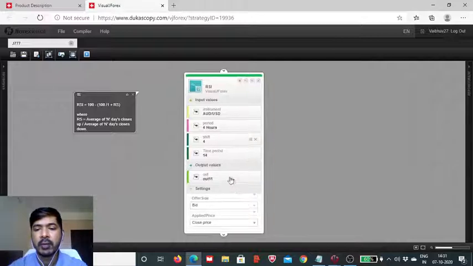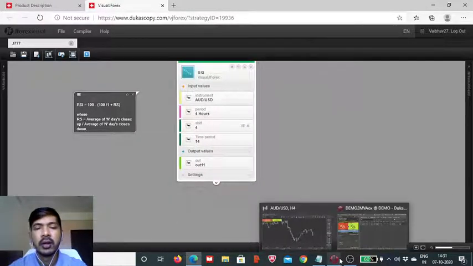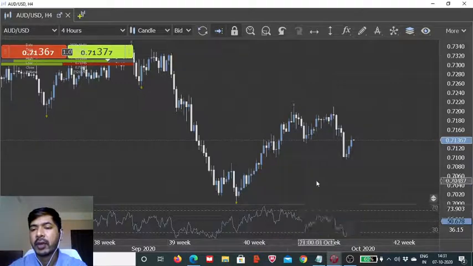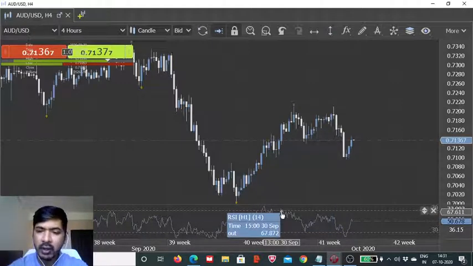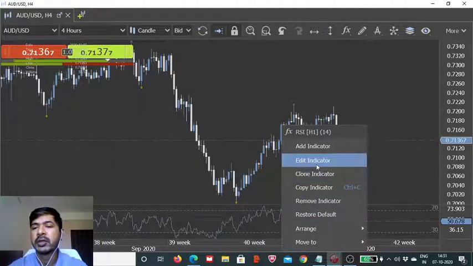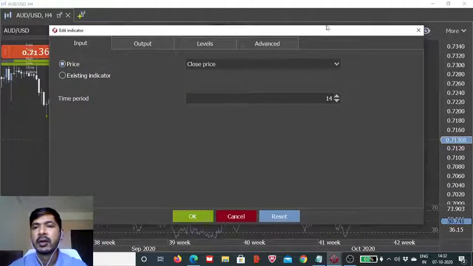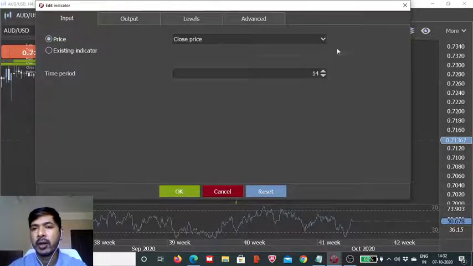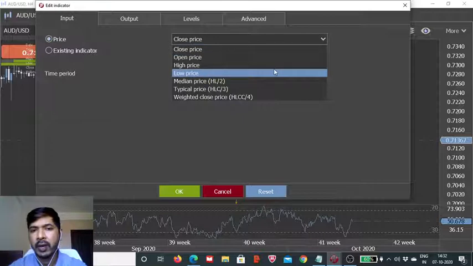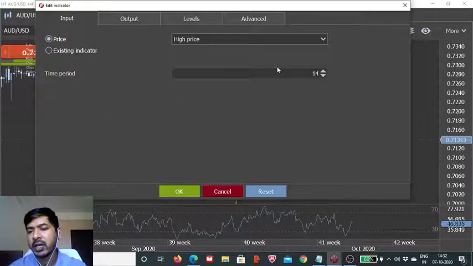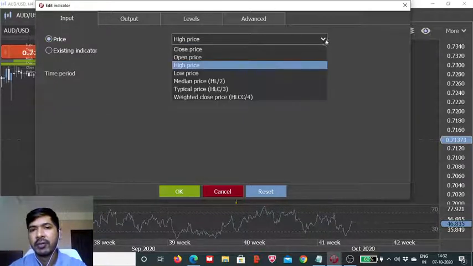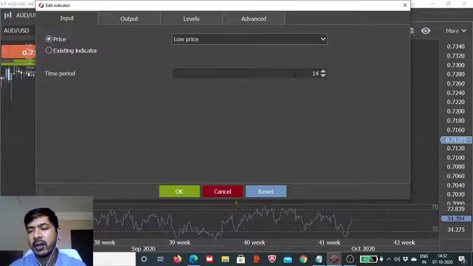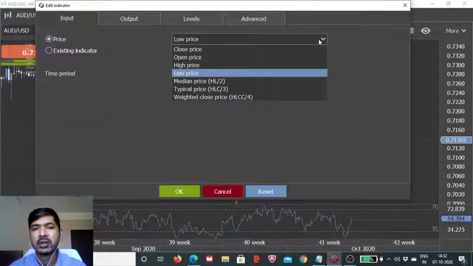Here, these applied prices, how to calculate this value. Now, we can also change the applied price. Please observe the RSI plotting. If we simply change it to high price, you will see a minor change. If we change it to low price, again, there is a minor change.